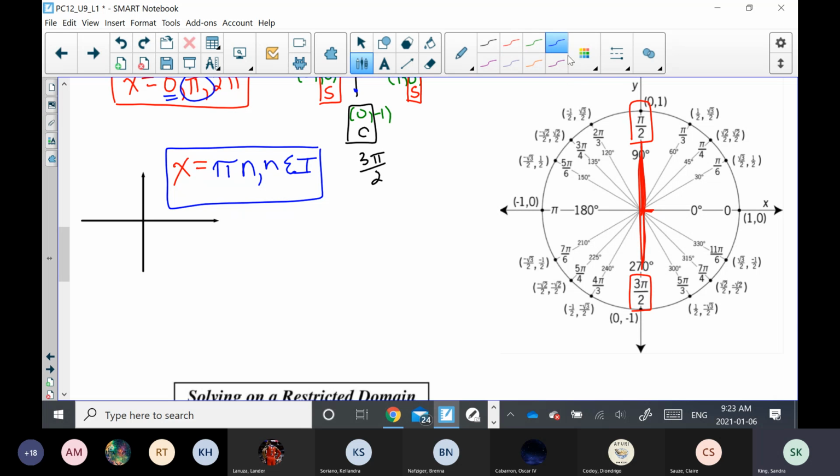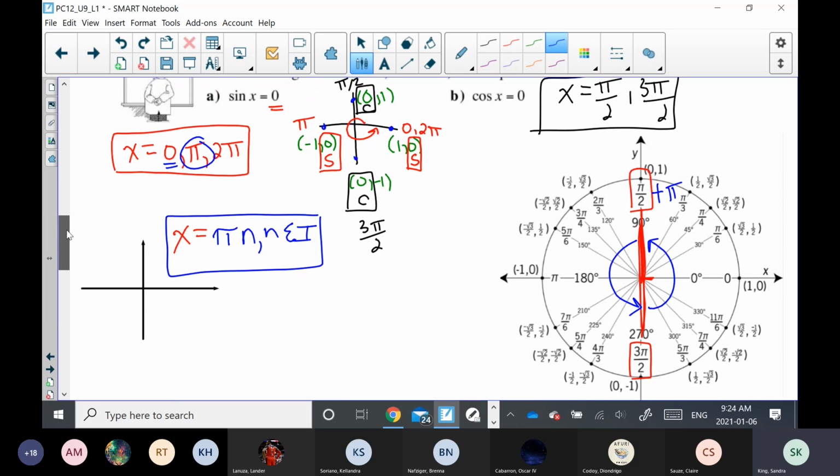So what are all of the possible solutions? If I go to pi over 2, what would you have to add to get to 3 pi over 2? I hope you see that this is a straight line. To get from pi over 2 to 3 pi over 2, I would simply have to add a pi radian. And once I'm here, to get to another solution, I keep adding pi radians.